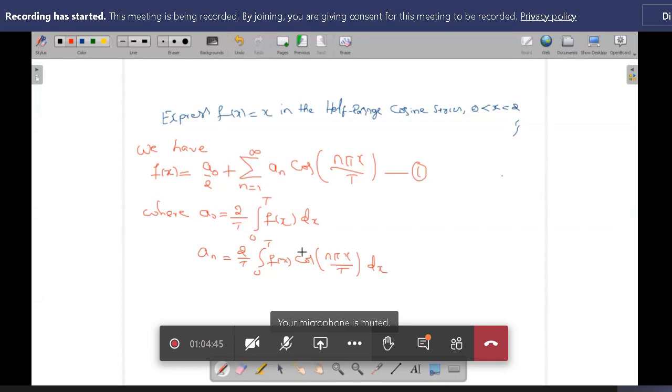With this function f of x, that is x, defined in the interval 0 to 2, t value is 2.